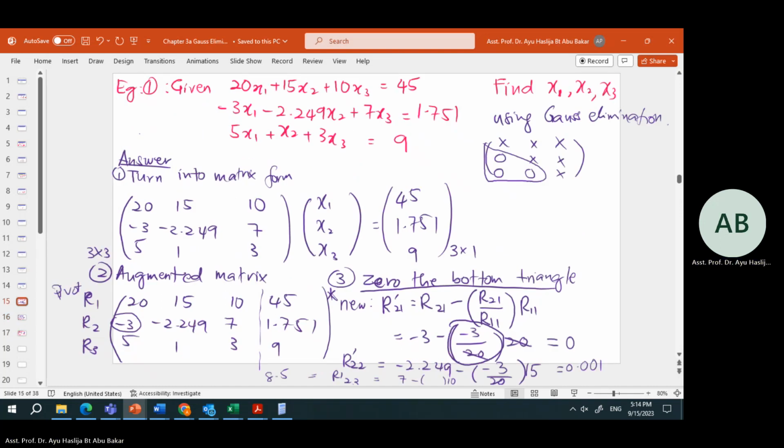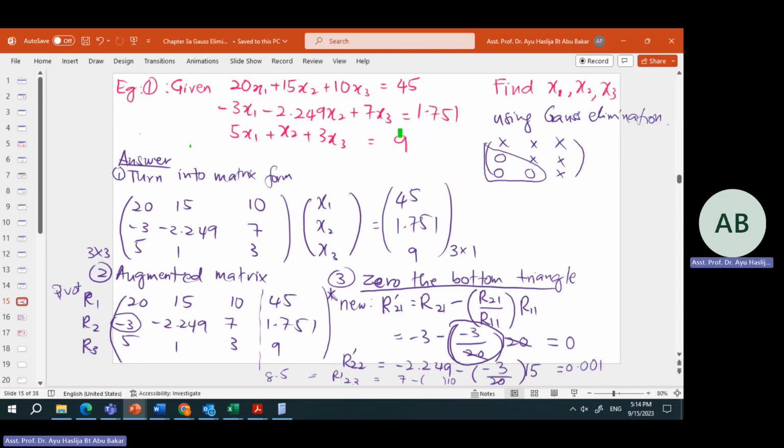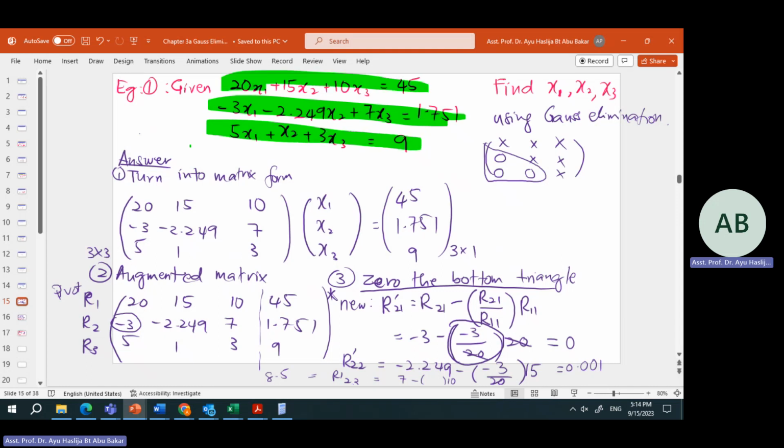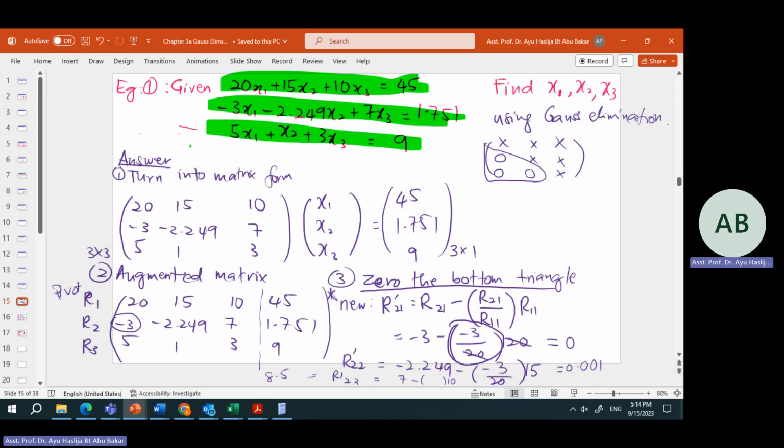Here, this equation. So you replace back the findings into any of these equations. Let's say you put the x1, x2, x3 into this equation. You should get 9, your answer. Okay, means check back with the equation given.